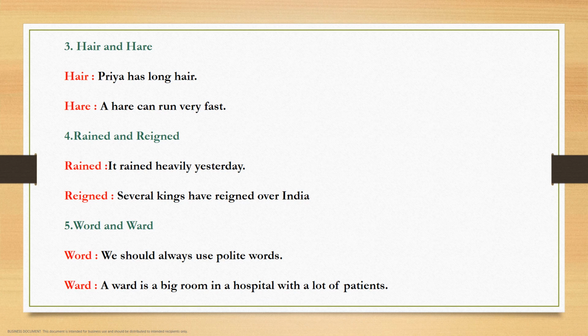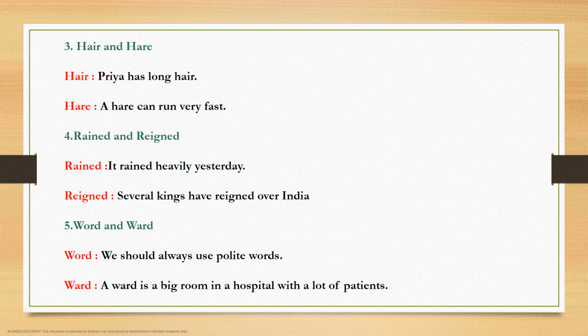The next word of this set is hare. H-A-R-E, hare. Hare means a bigger rabbit. It's a type of rabbit which is larger than a normal rabbit. A hare can run very fast.